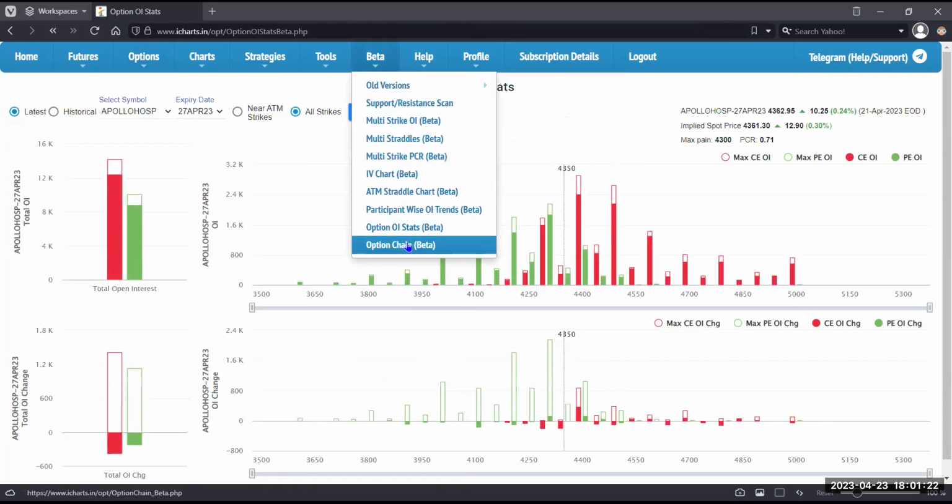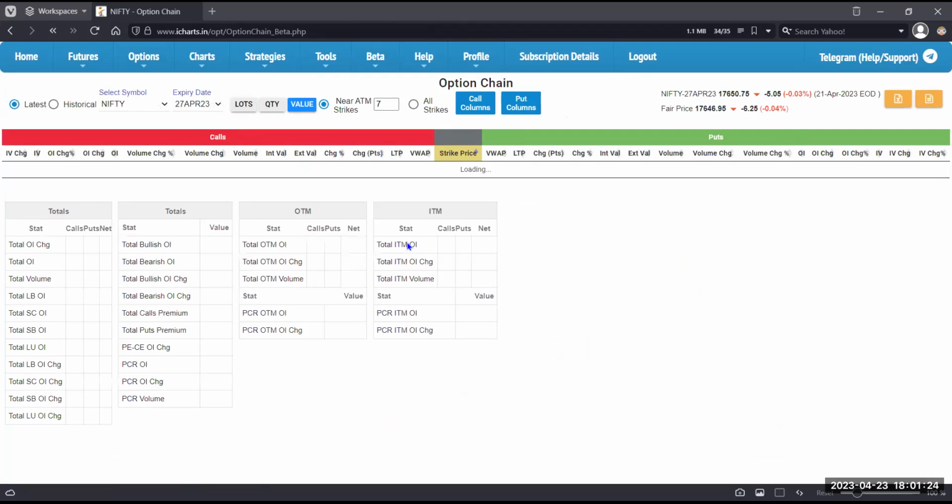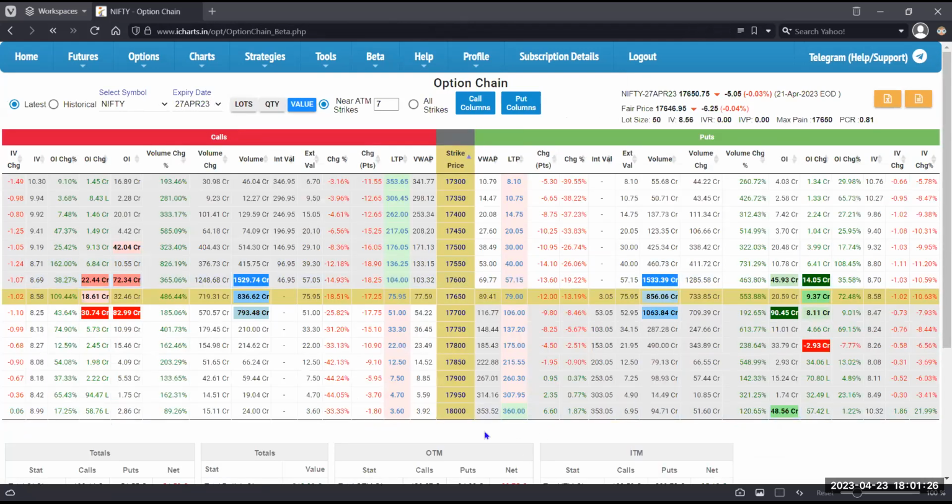Srikanji, one follow-up question on that. How to use that range shift? For example, if we see on the previous day maximum OI is at 1700. You have to see which direction it is going. It tells you that people have moved their positions to that side.